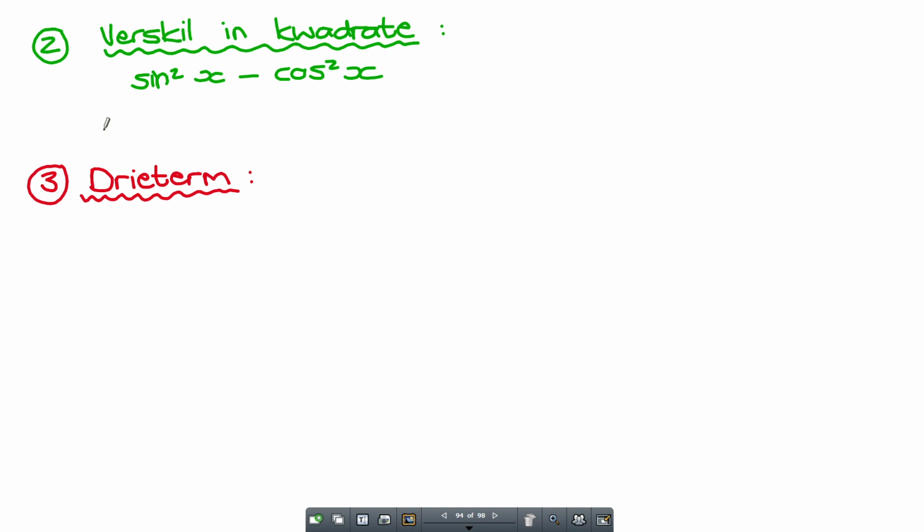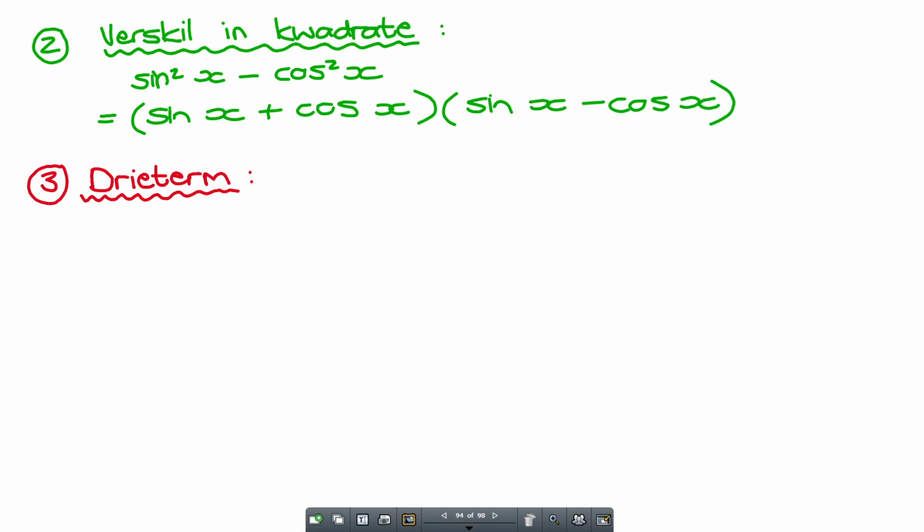So then you would have said that will be sin x plus cos x, sin x minus cos x. Sien julle wat ek bedoel met verskillende kwadrate, né?